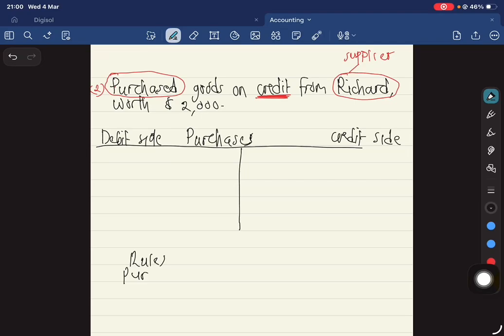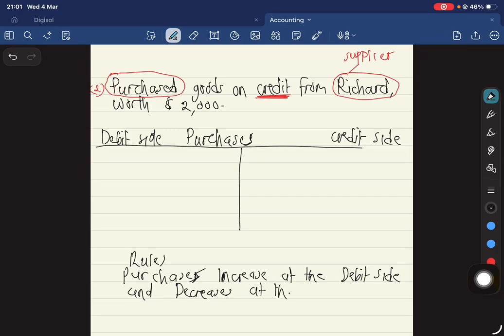Purchases increase at the debit side and decrease at the credit side.